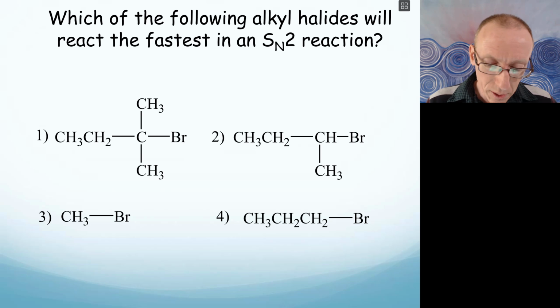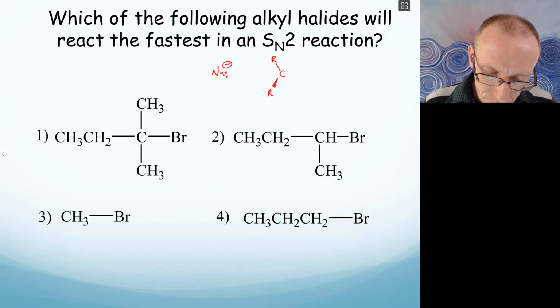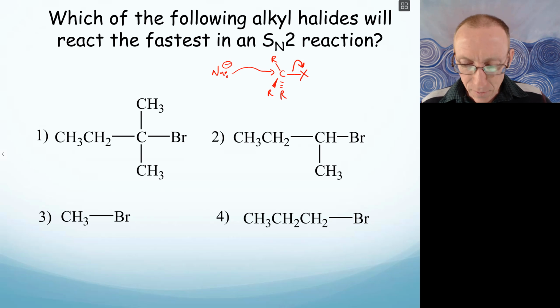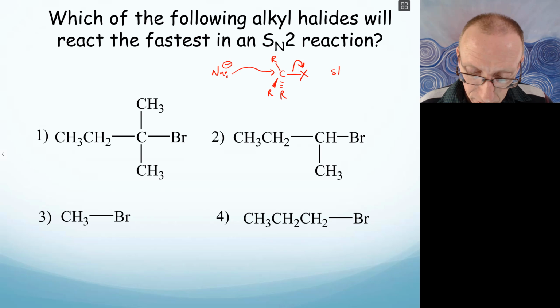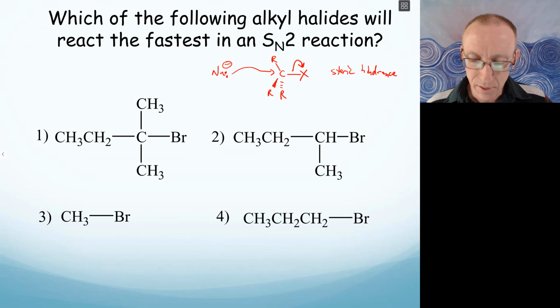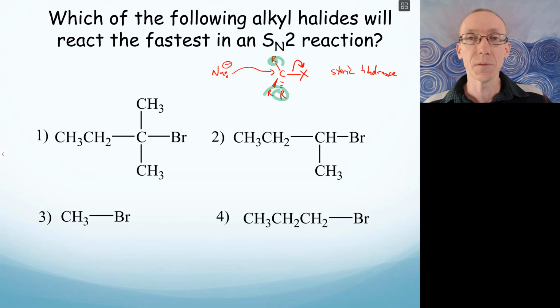So SN2, we're looking at the nucleophile with a lone pair of electrons and often a negative charge attacking our carbon with its structure like this by a bimolecular reaction, and it's very heavily influenced by the steric hindrance. Okay, so the smaller these R groups are, the faster the reaction will go.